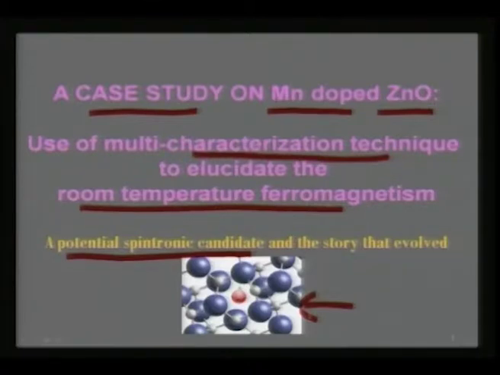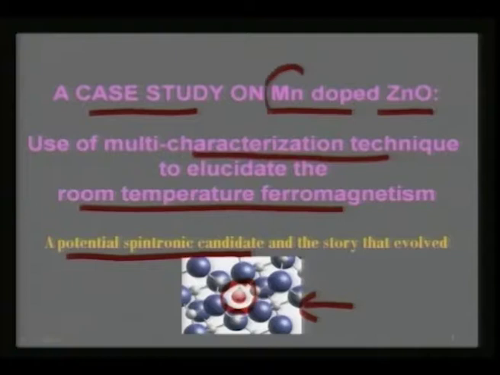structure, and if we try to incorporate a magnetic ion with a spin, or it could be any other ion which can induce ferromagnetism, how this ferromagnetic core can influence zinc oxide. Now, notably manganese is not a ferromagnetic compound.